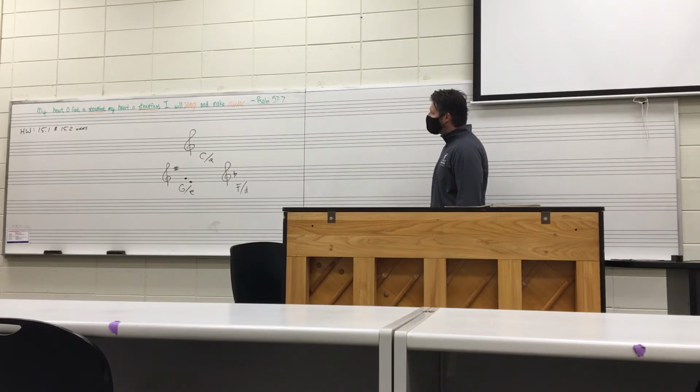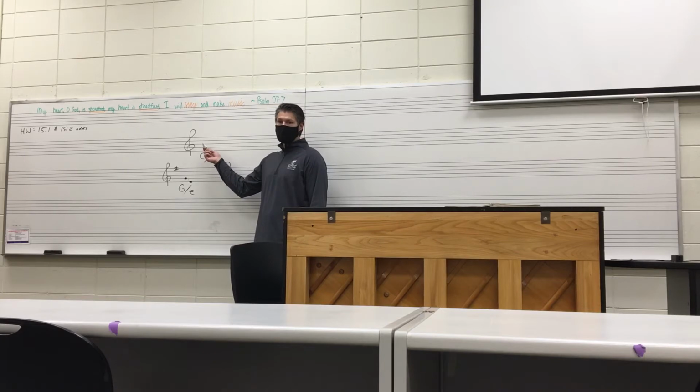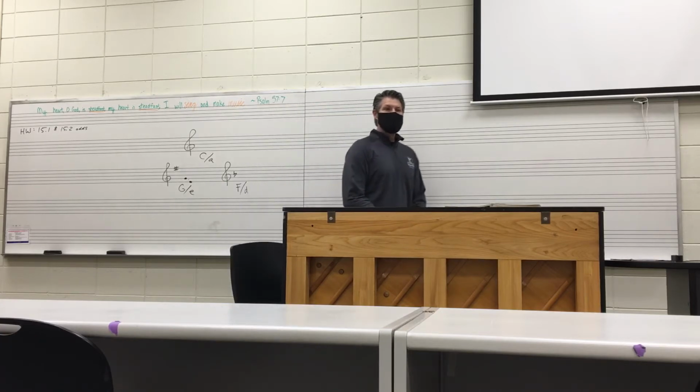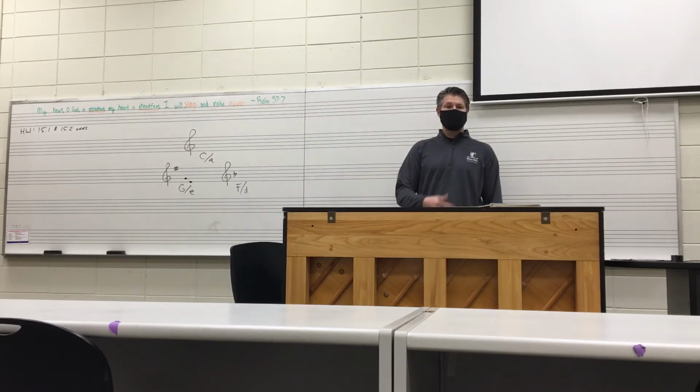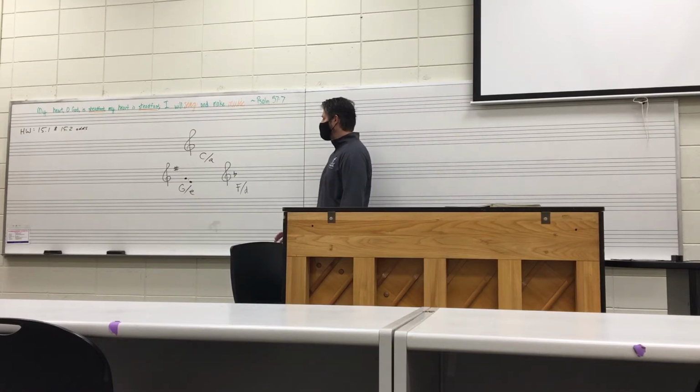So now, the point of the first page of chapter 15 is to say a composer can start in the key of C or A minor, and all of a sudden they start adding F sharps to the piece, and they have essentially modulated either to G or E, G major or E minor.